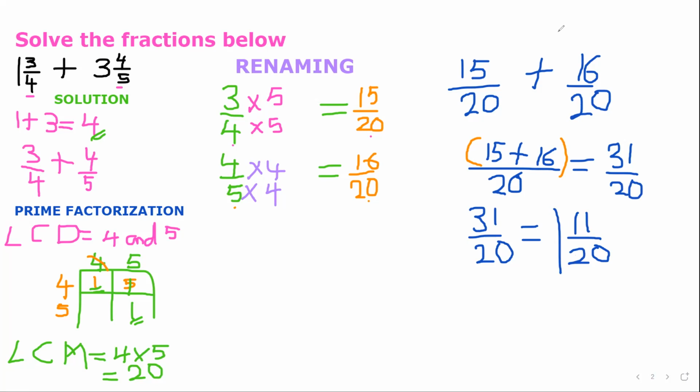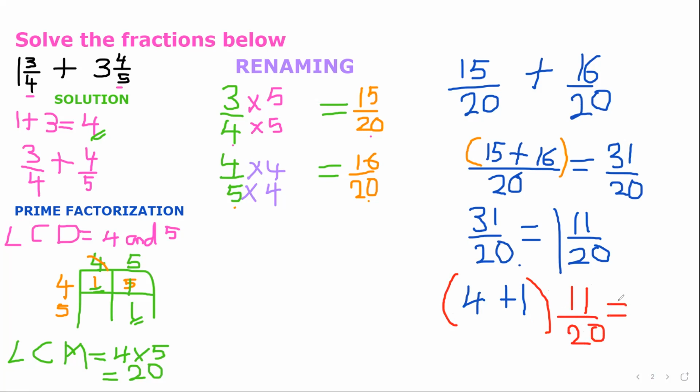And beside, we have 4 already here. So which will be 4 plus the new whole number here against 11 over 20.